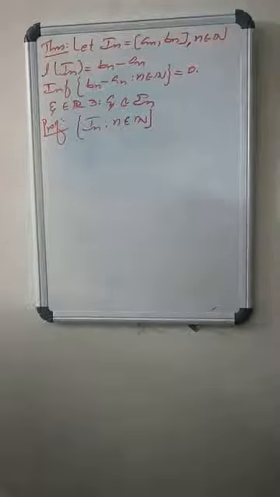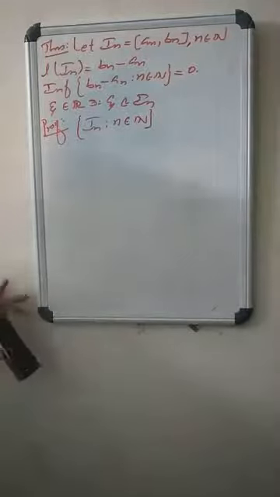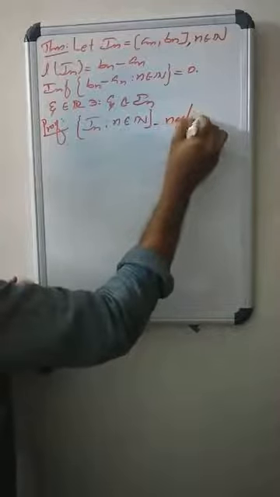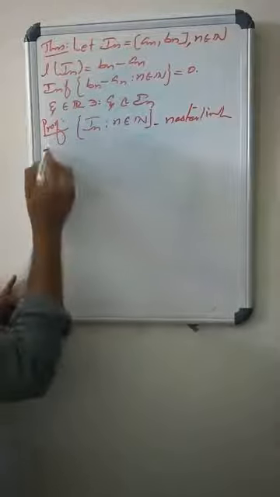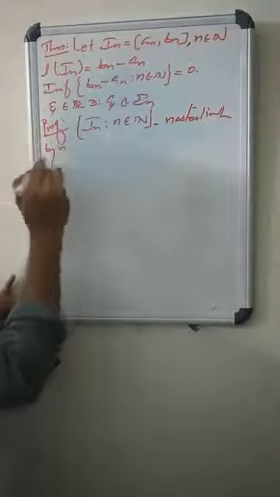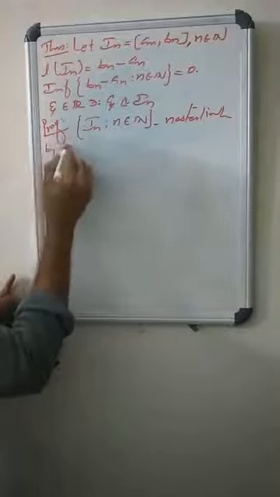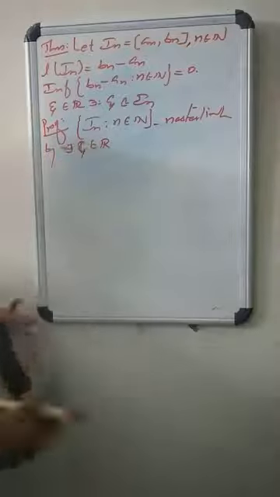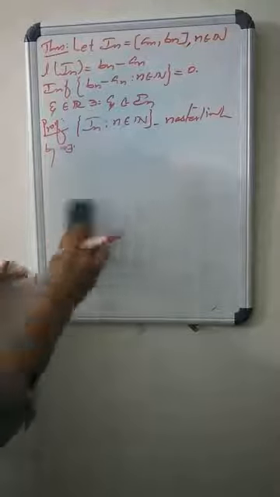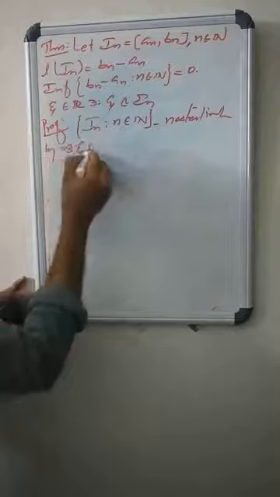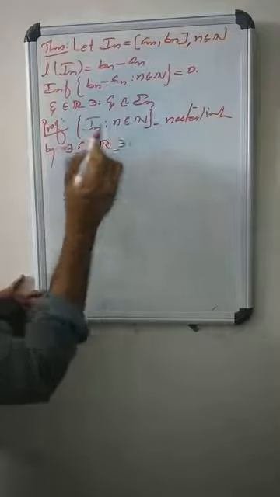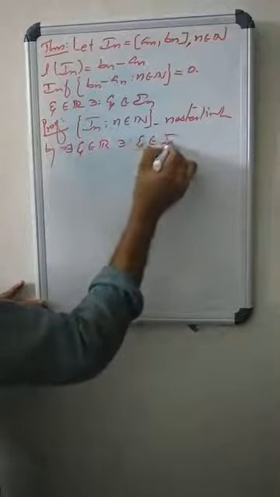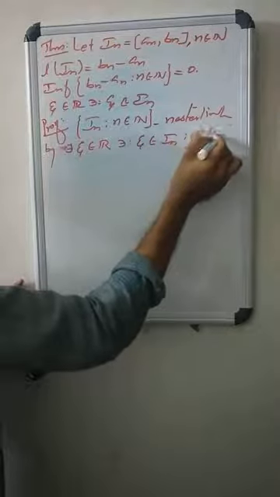Since it's a nested interval, by the nested interval property, by the previous result, there exists zeta in R such that zeta is in In for all n in N.